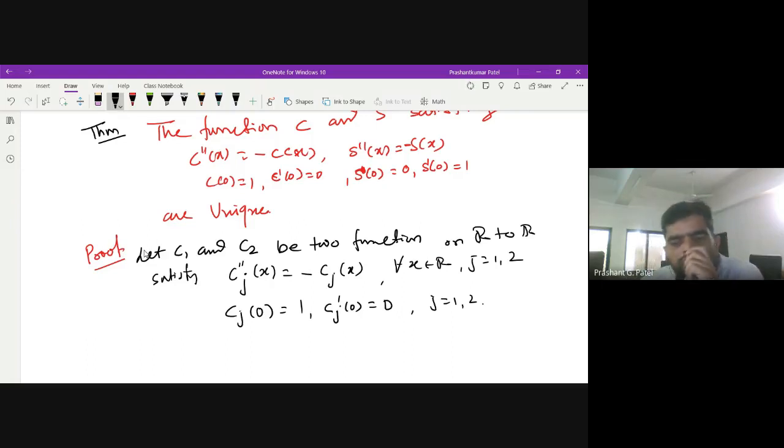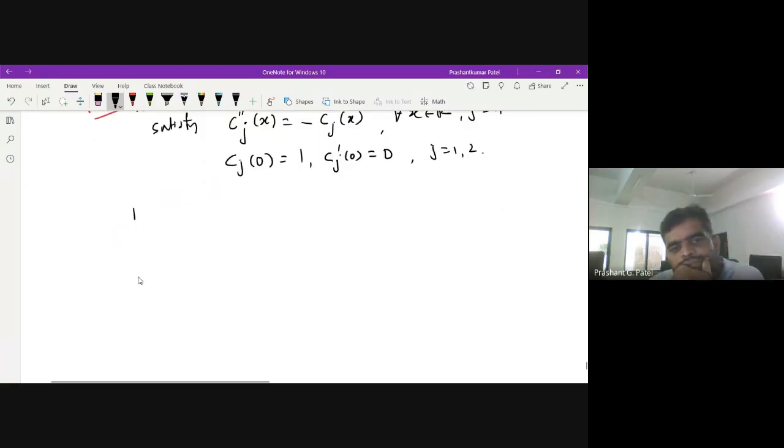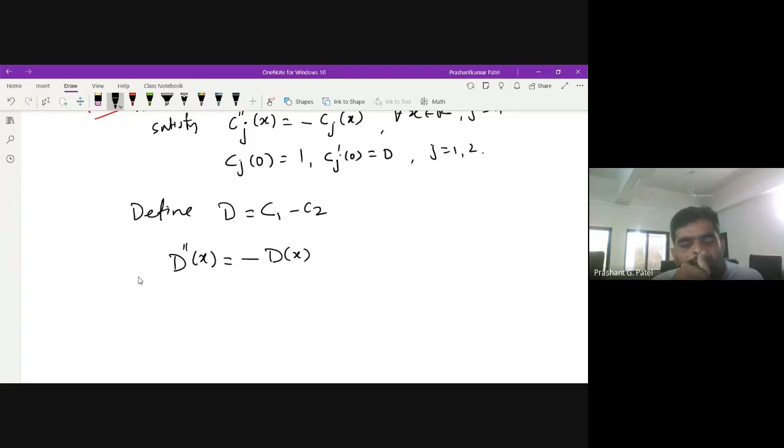Now, as we did the same technique for proving the uniqueness of the exponential function, we have to do the same here. Let us define the d function, which is c1 minus c2. Obviously, d double dash of x will give you minus d of x, because c1 double dash is minus c1 and c2 double dash is minus c2, minus is common, and you will have this for every x in R. What is d of 0?